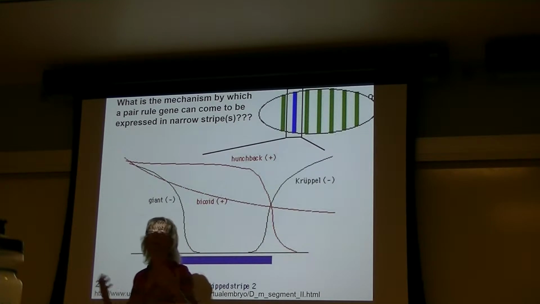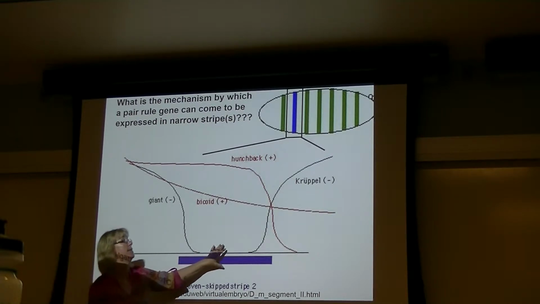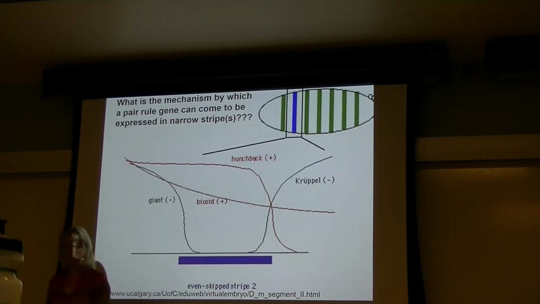So, how does the embryo accommodate this so that it can get even-skipped, a pair-rule gene, expressed in the correct location? So, to look at this, we considered the enhancer regions for this particular gene, even-skipped, and we'll consider what it would see in stripe number 2.